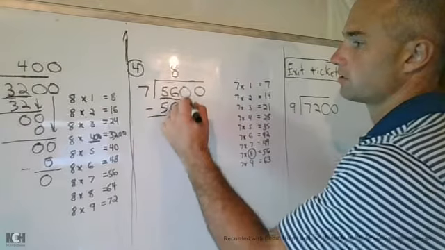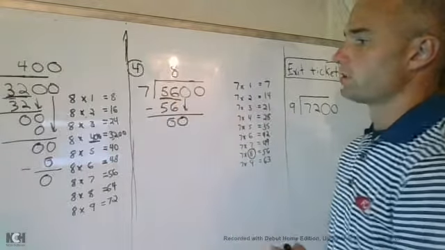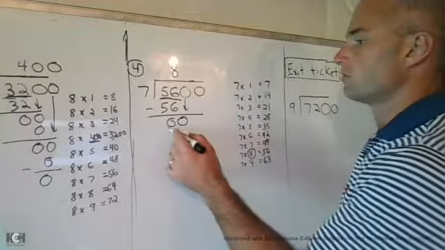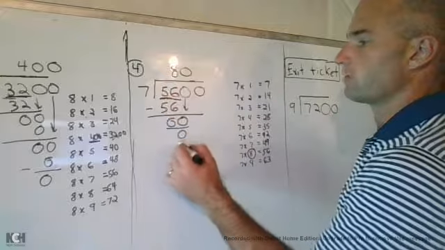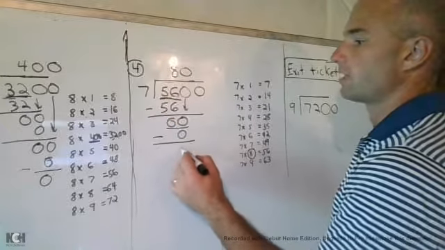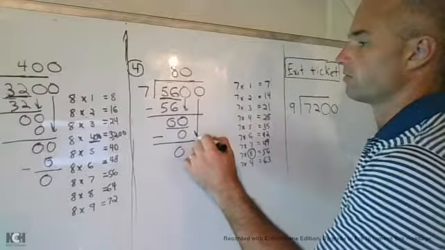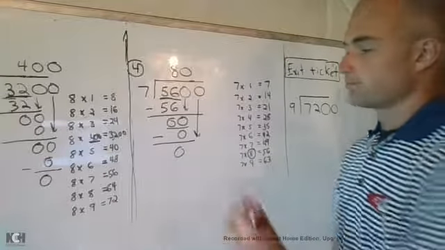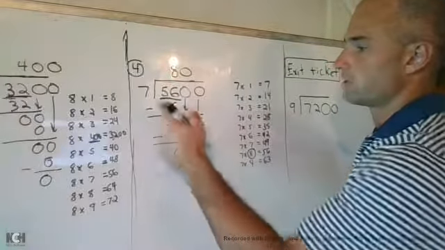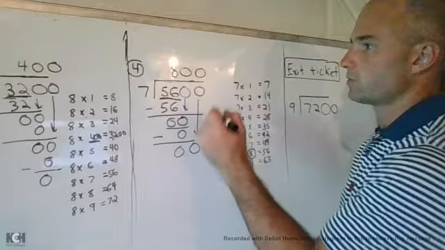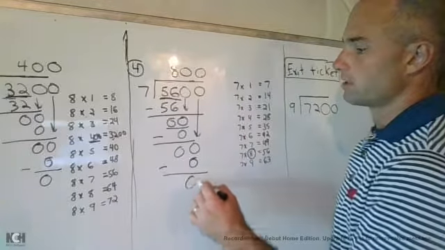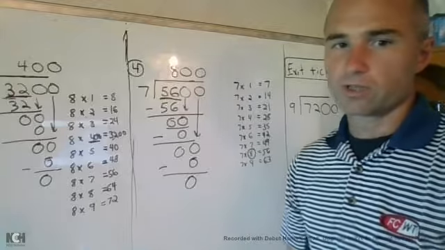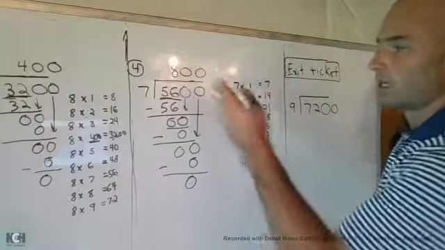We subtract. We bring down the 0 from the tens place. 7 goes into 0, 0 times. 0 times 7 equals 0. You subtract. You bring down the 0 from the ones place. 7 goes into 0, 0 times. 0 times 7 equals 0. You subtract, and you have nothing left over and nothing else to bring down, giving you the answer of 800.